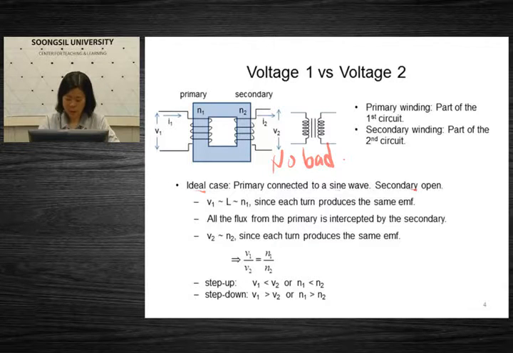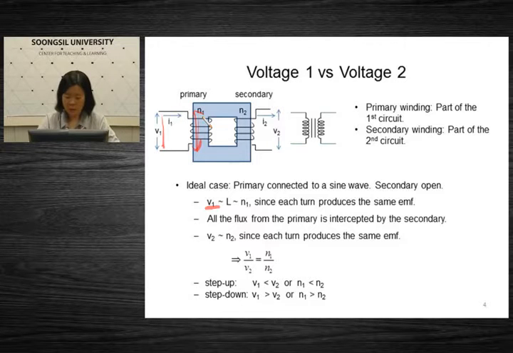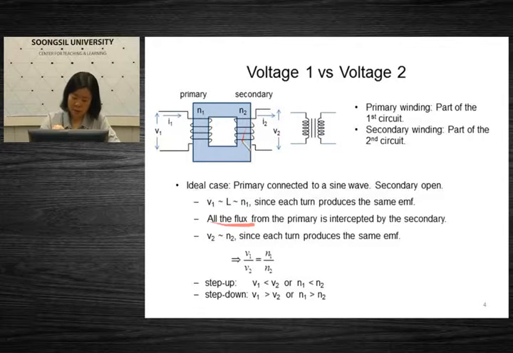Now in such a case, the voltage at the primary circuit, the first part of the coil, will be proportional to the self-inductance, and inductance will be proportional to N1, where N1 is the number of wires in the primary part. Now in the ideal case, all the flux from the primary is intercepted by the secondary circuit.